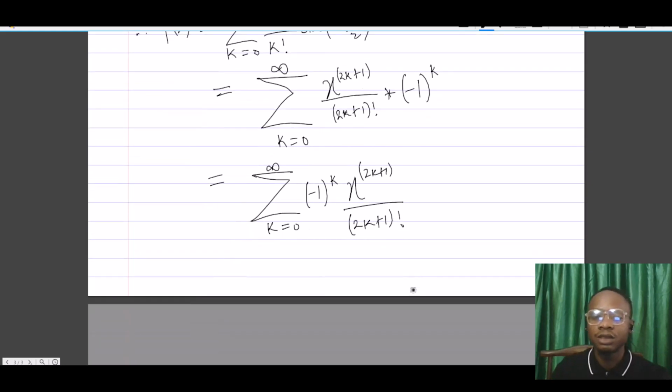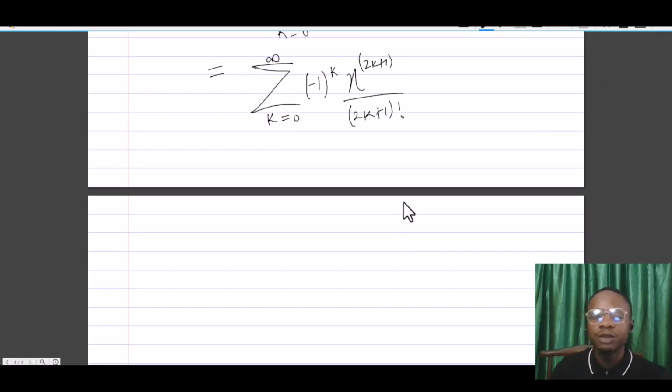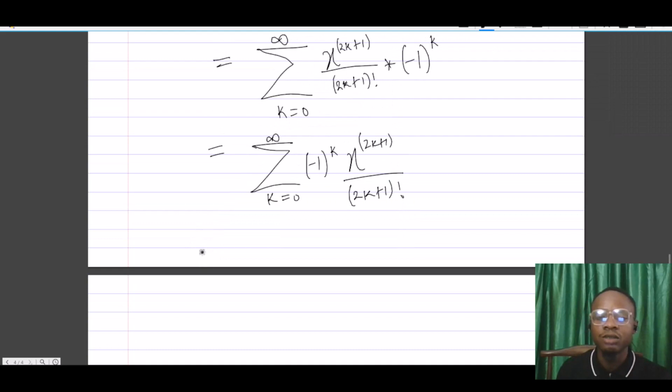And for a check, if we try out this function, when k is equal to 0, we have minus 1 to the power 0, which is 1, then x to the power of 1 divided by 1 factorial. Then when k is equal to 1, this will be minus 1 to the power 1, which is minus 1, and x to the power of 2k plus 1, that is 2 times 1 plus 1, that is 3, over 3 factorial.